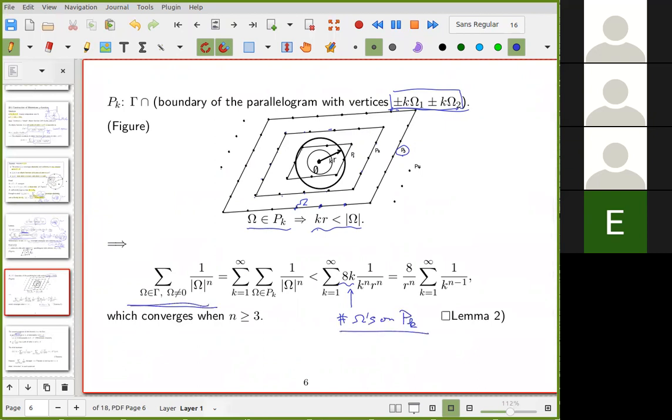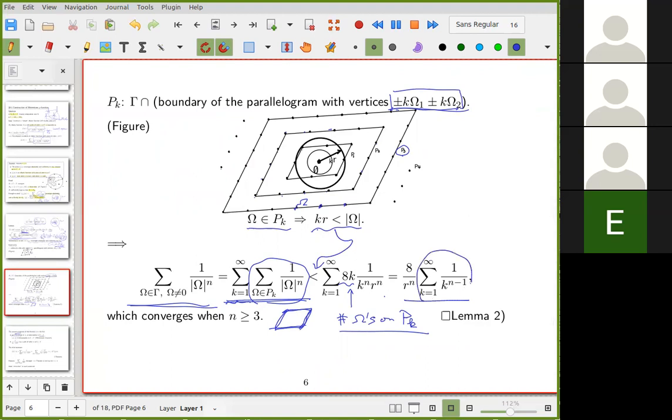Therefore, this sum can be computed in this way. First sum over the parallelogram, and then I vary the size of the parallelogram. By this estimate, we have such an estimate, which means this.